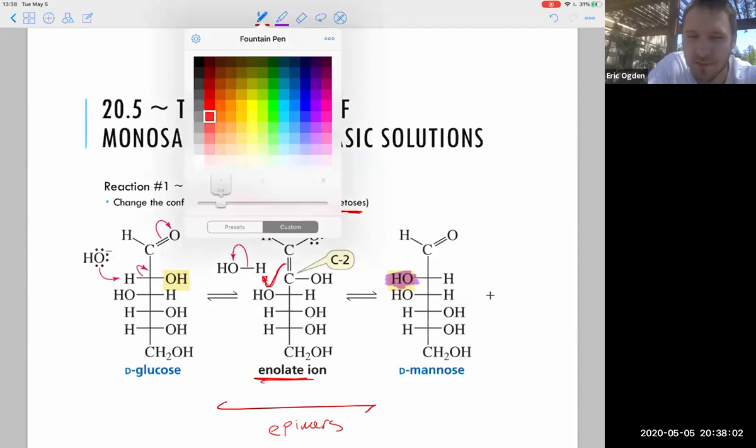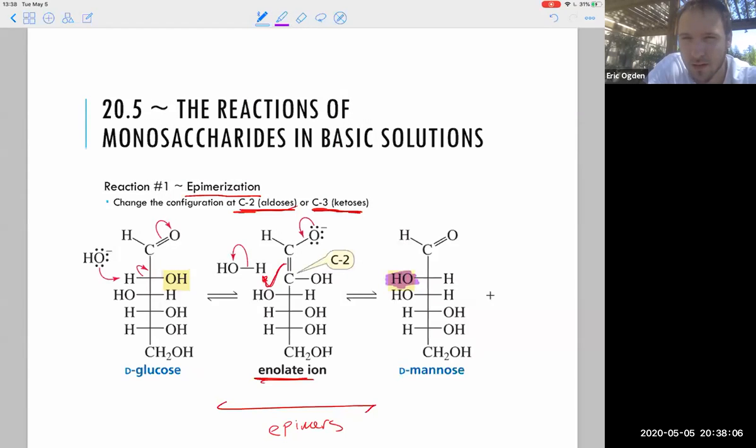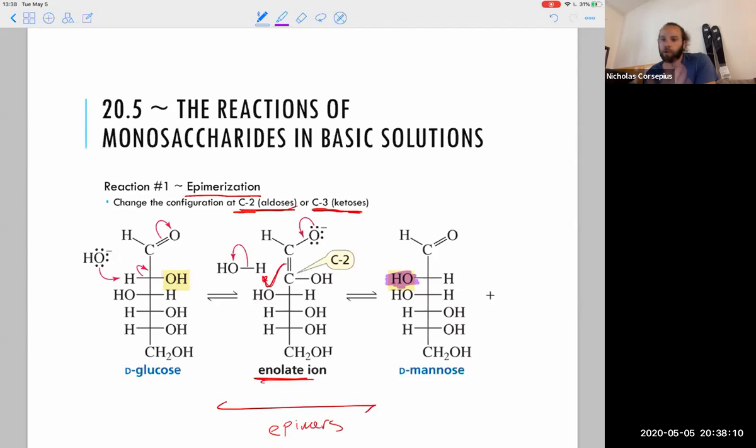And that's just a specific name for a kind of enantiomer, right? It's actually a diastereomer, but whatever, right, enantiomers are exact mirror images, these only have one asymmetric center that's flipped, so it's a diastereomer, but yes, it's a specific type of diastereomer that's specific to sugars.